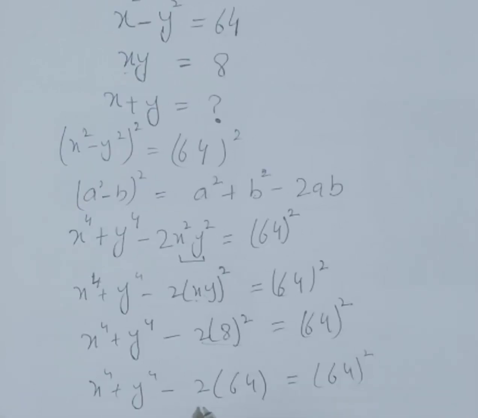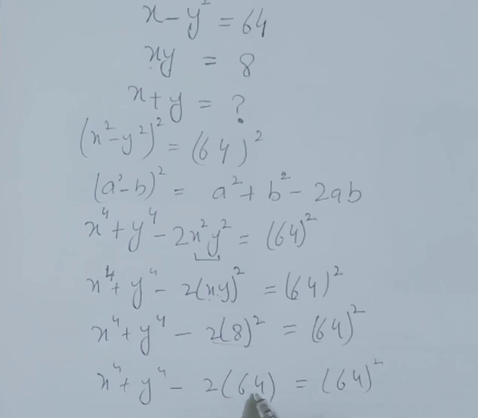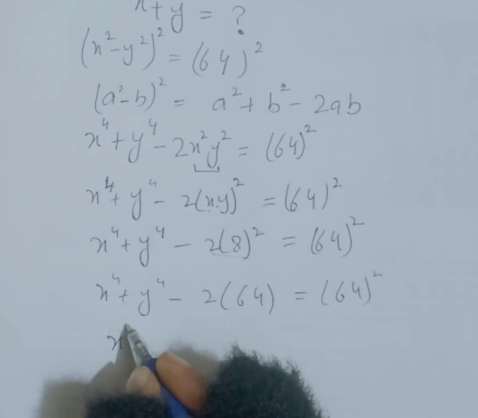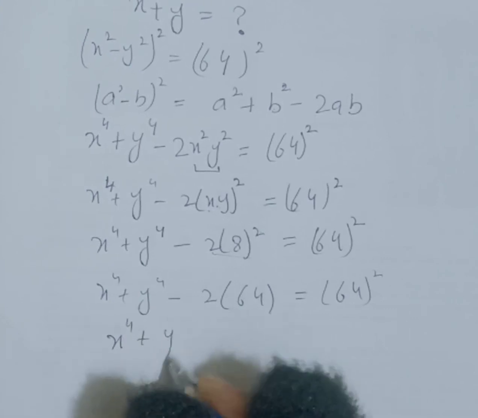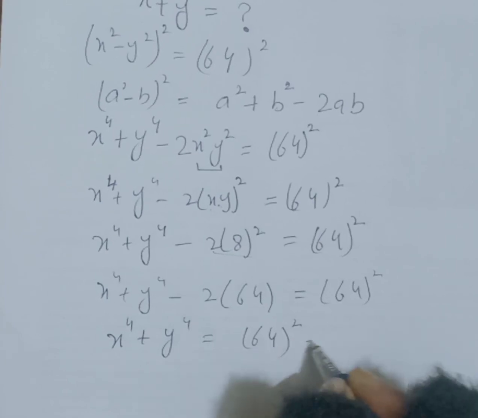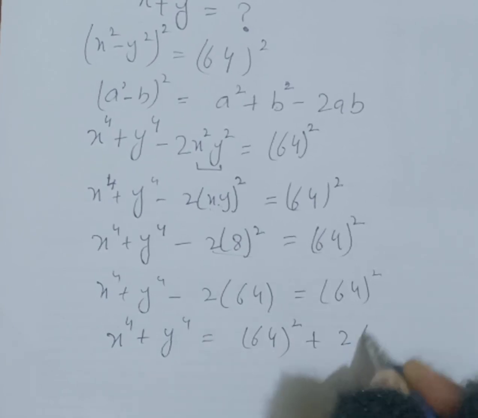And if we add 2 multiply 64 on both sides of this equation, then we get x raised to the power 4 plus y raised to the power 4 is equal to 64 raised to the power 2 plus 2 times of 64.